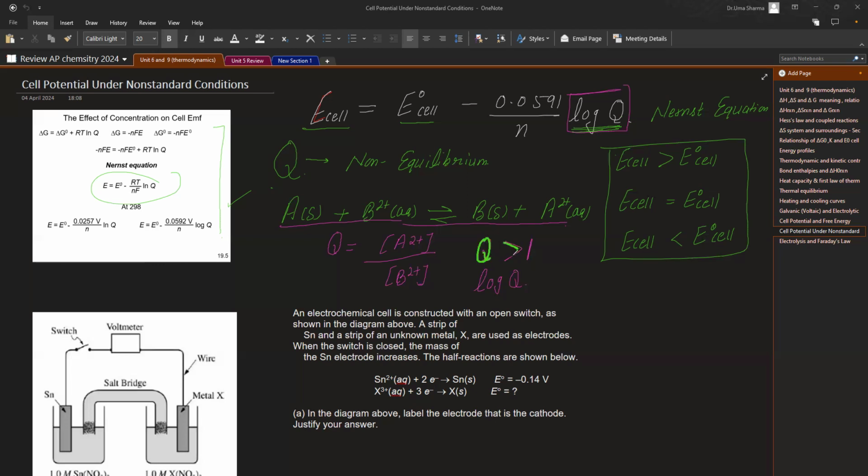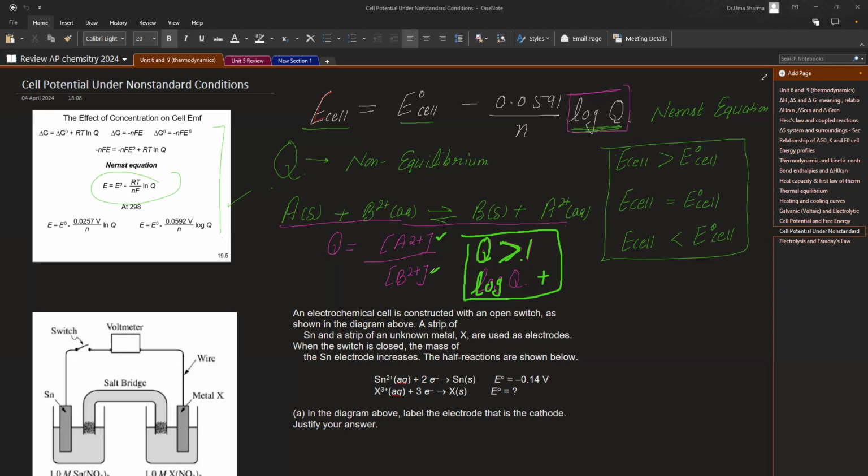Q is greater than 1, log Q will be positive. If Q is big, what is more? The products are more or the reactants are more? What is more, A2 plus or B2 plus?